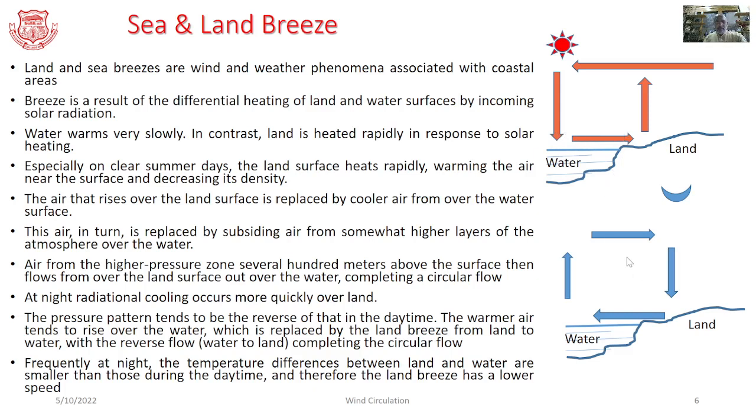During the night time, the radiation causes cooling of the air masses in the immediate vicinity of the land. The warm air over the water surface tends to rise vertically over the water body.